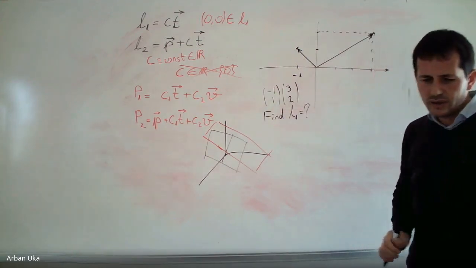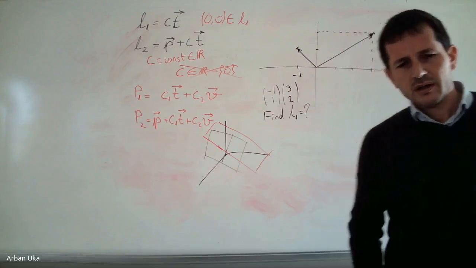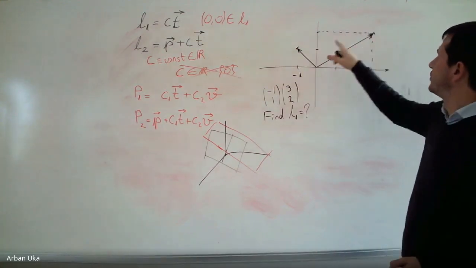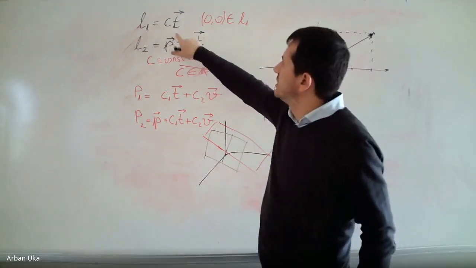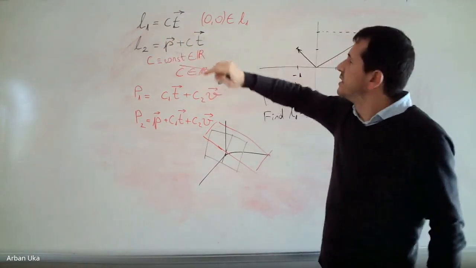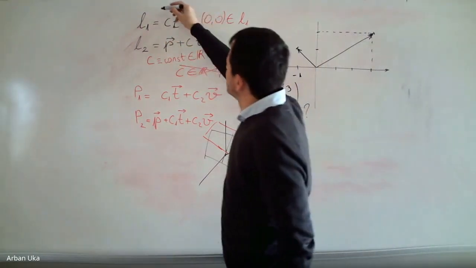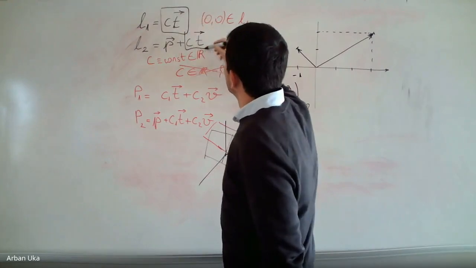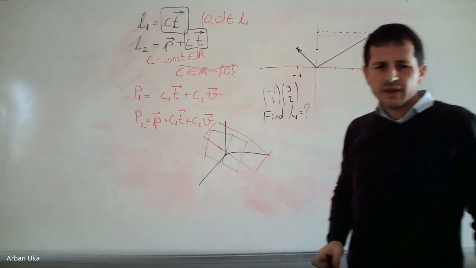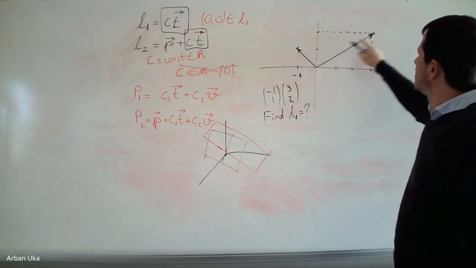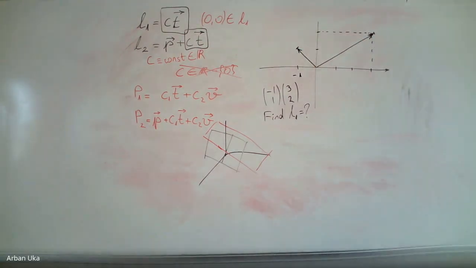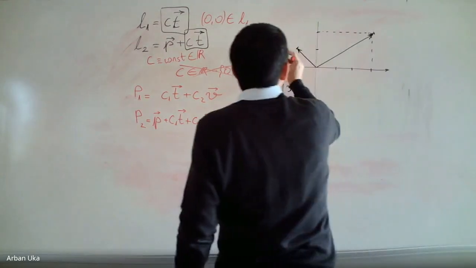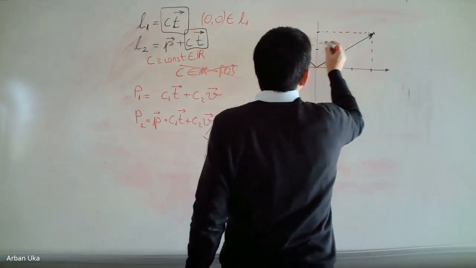So how can we determine a line which is passing between these two points? If we look at these two line expressions here, it looks like the most important thing is to determine a vector which is pointing in this direction. If we try to draw this line to the best of our ability, it is going to be like this.